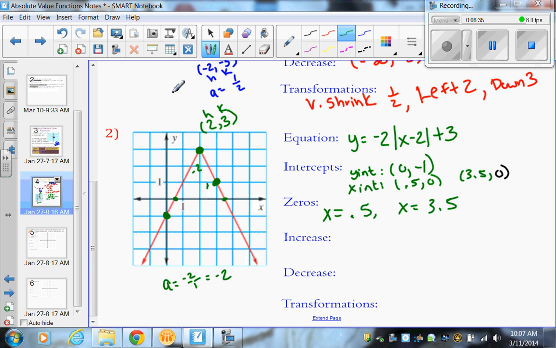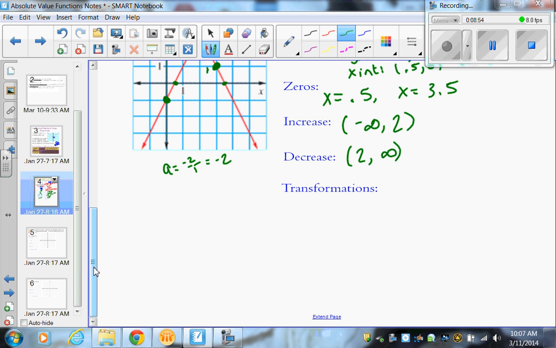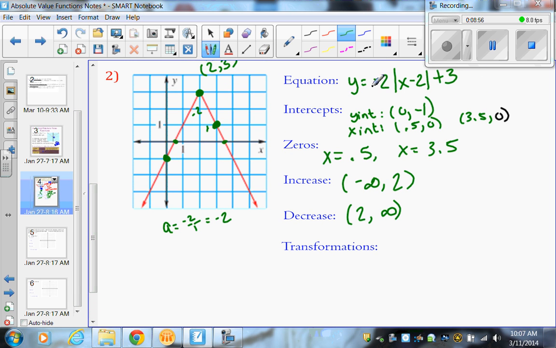Increase and decrease, I'm concerned with the x-coordinate of the vertex. It looks like on the left side it's increasing first, so that's going to be from -infinity to the vertex, and then it decreases, so that's from the vertex to +infinity. For our transformations, we have a negative out front, so that tells me that it is a reflection across the x-axis.